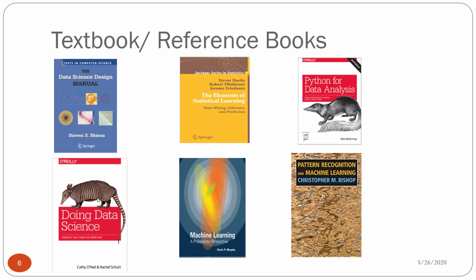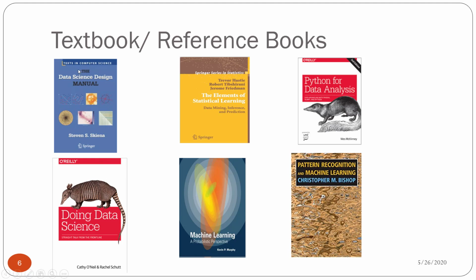Alright, so you might be thinking about the textbook. As I mentioned, it is an interdisciplinary course, so we may not have just one ideal textbook which will have everything for this course. But luckily, I found a textbook which I believe is sufficient for this course.